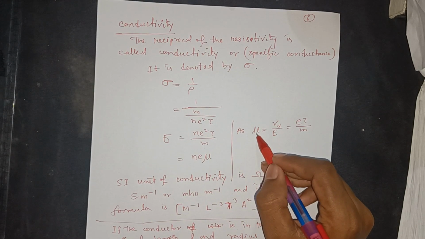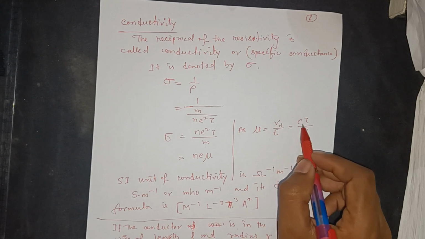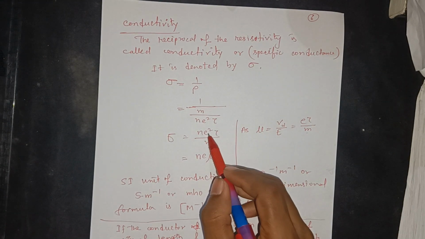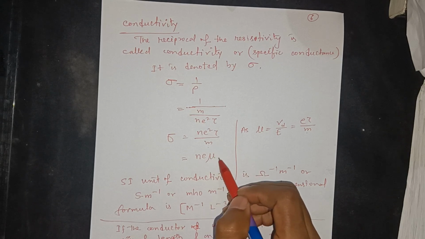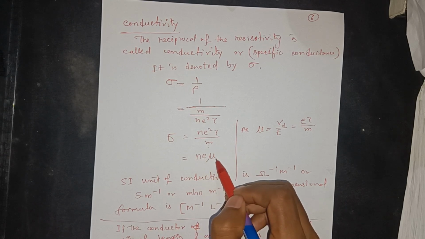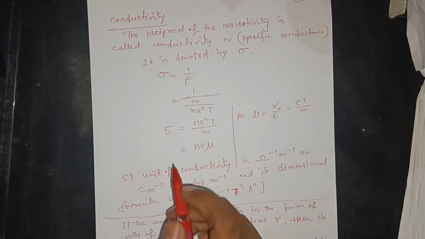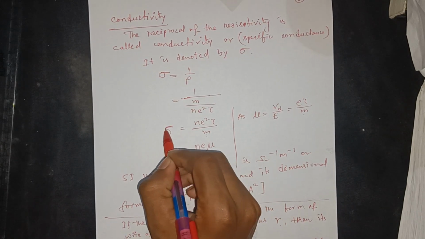Where mu is v_d by E, that is qτ by m, we can write mobility mu. So sigma is equal to nqμ. That is the conductivity.